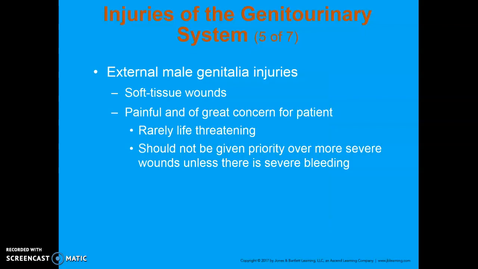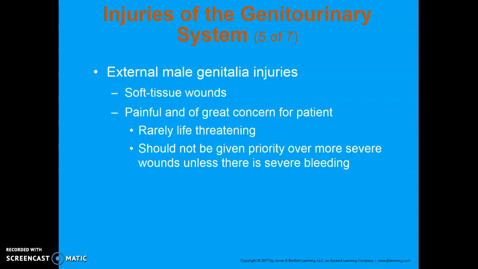External male genitalia injuries: you can have soft tissue wounds. There's not a whole lot of bony components there, so it's mostly going to be bruising, tearing of muscles, etc. They're extremely painful, and oftentimes the patient gets really worked up about it, but they are very rarely life-threatening, and we don't give priority to genitalia over more severe wounds unless there's very, very significant bleeding.